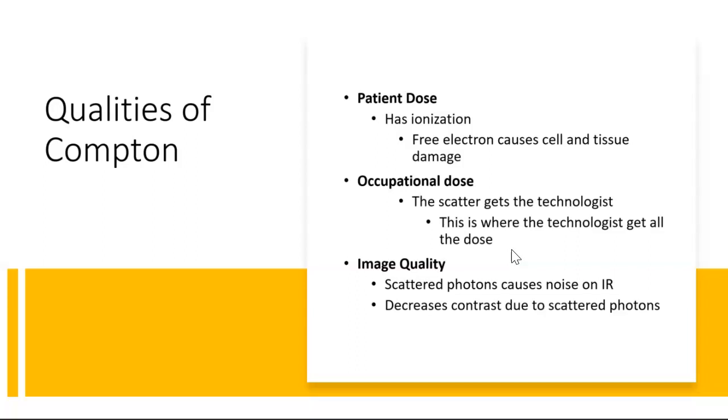It's something unwanted on our IR, a misrepresentation of the true anatomy, okay? It also decreases contrast due to scattered photons. Instead of being black and white, it's giving us all these shades of gray, but these shades of gray are not a true representation of what it should look like, okay?